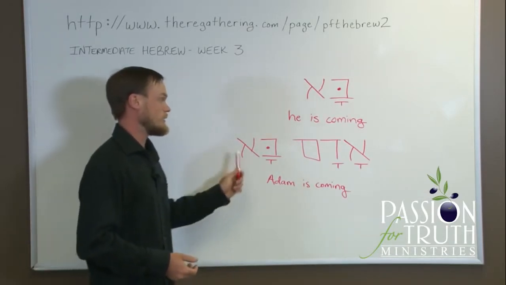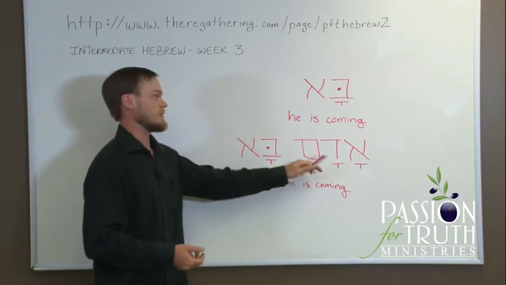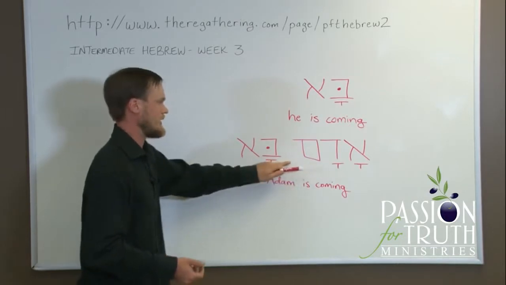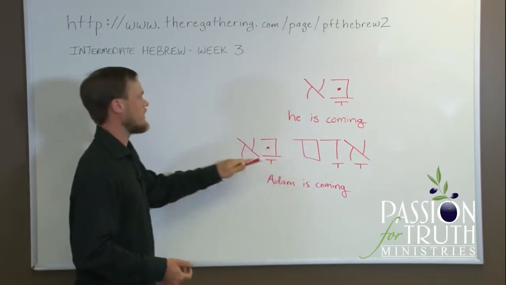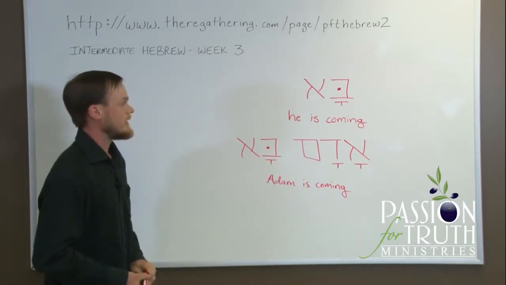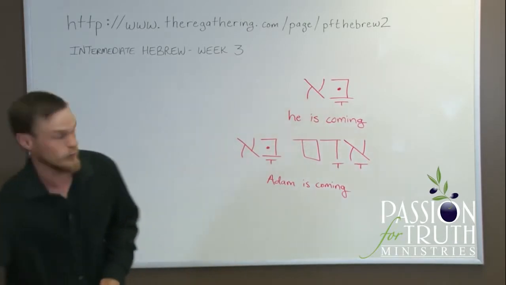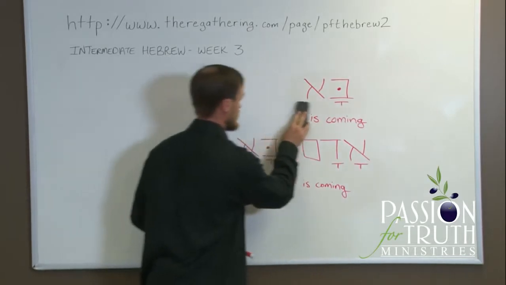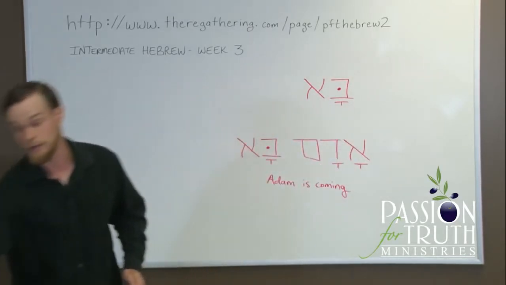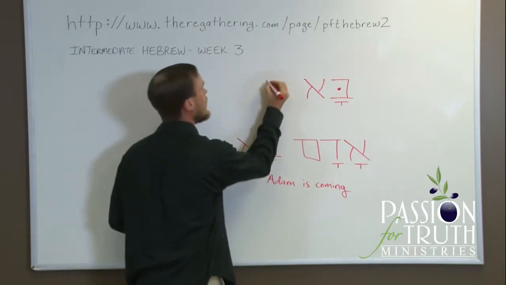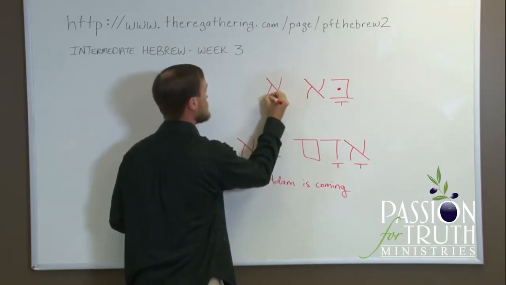One important thing to note about Hebrew is I wrote this in English word order: Adam is, being invisible, coming. In Hebrew, it does not need to be in that order. In Hebrew, we could just as easily write, and in fact, more often than not, probably would write, ba Adam.